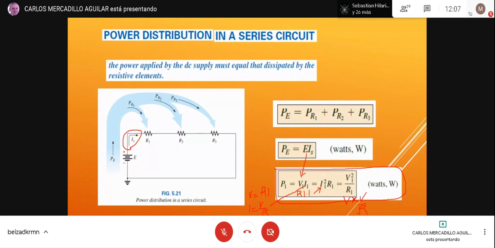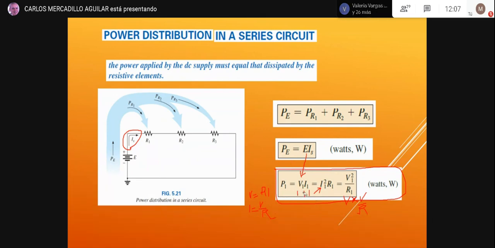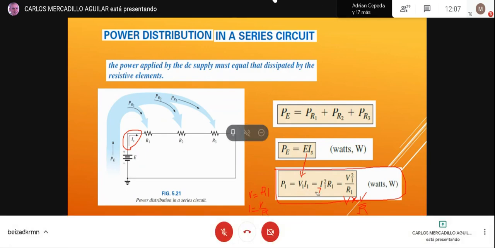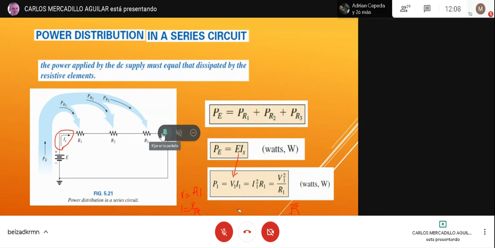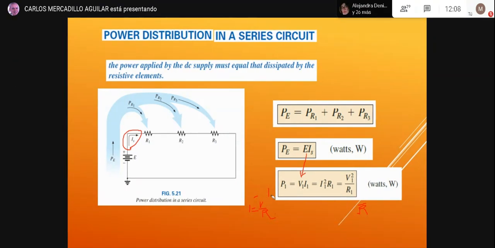I will erase all this so you can see the clear picture. Okay, well, let's do some examples.